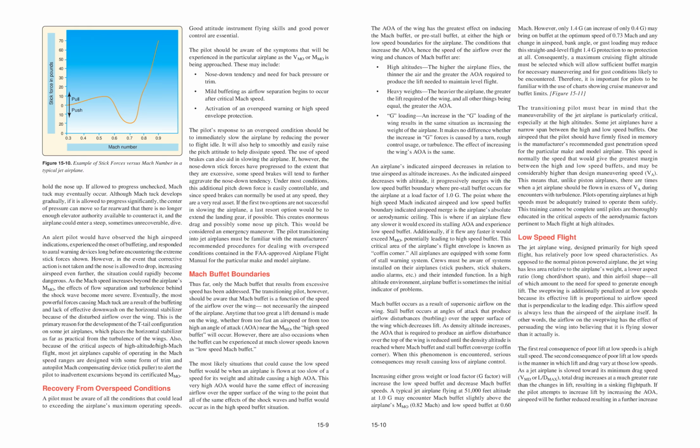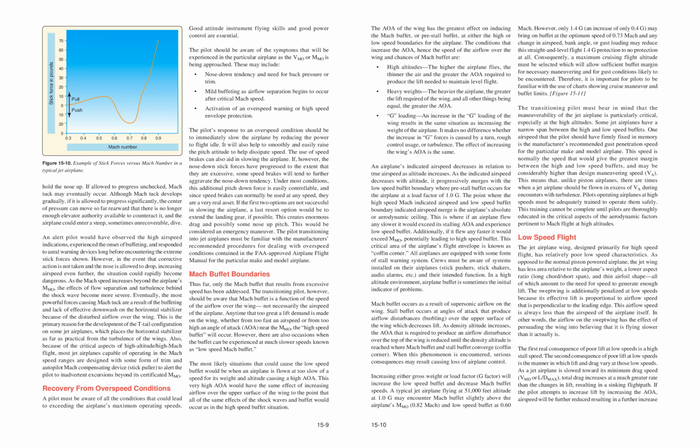As the Mach speed increases beyond the airplane's MMO, the effects of flow separation and turbulence behind the shock wave become more severe. Eventually, the most powerful forces causing Mach tuck are a result of the buffeting and lack of effective downwash on the horizontal stabilizer because of the disturbed airflow over the wing. This is the primary reason for the development of the T-tail configuration on some jet airplanes, which places the horizontal stabilizer as far as practical from the turbulence of the wings.